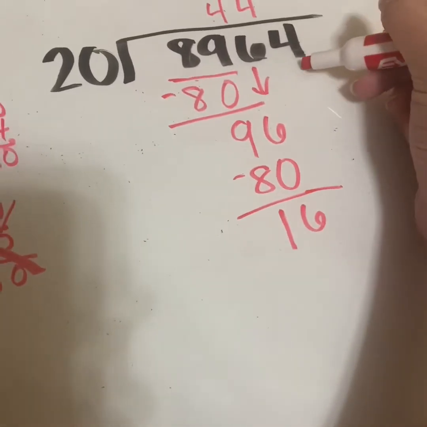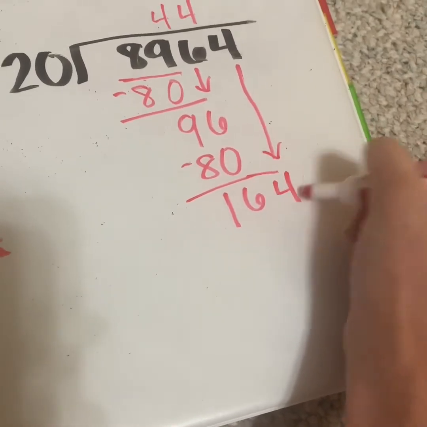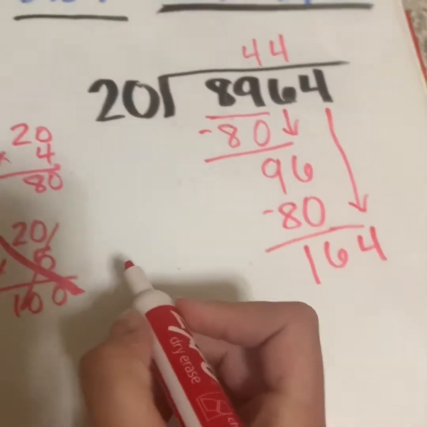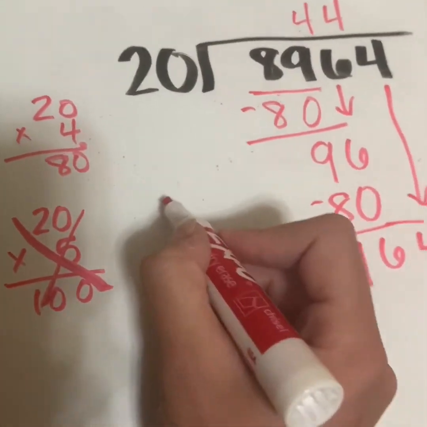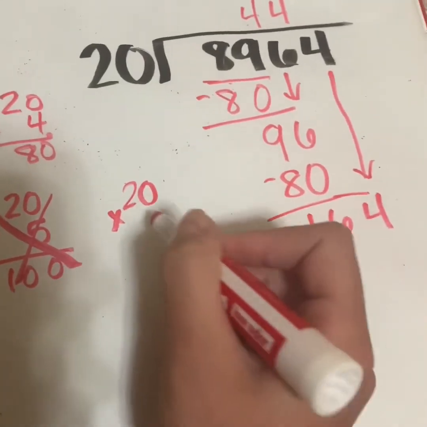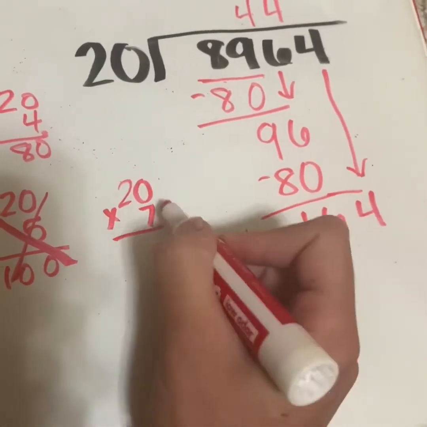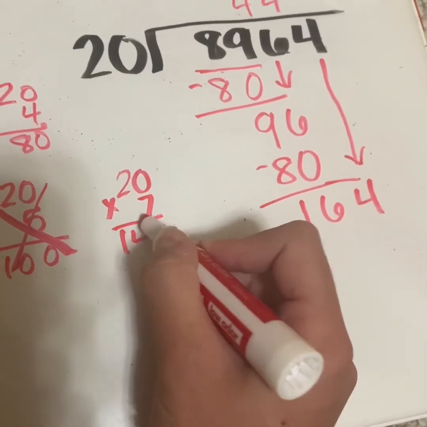Now for my next number, we're going to bring it down. So I have 164. So let's try, we know 20 times 5 gives me 100. So let's do 20 times 7. 7 times 0 is 0. 2 times 7 is 14.